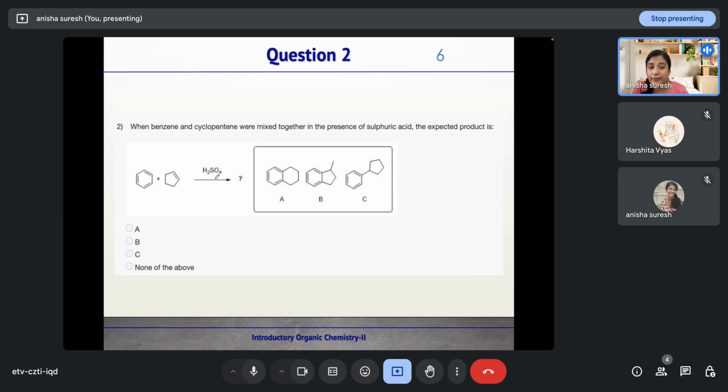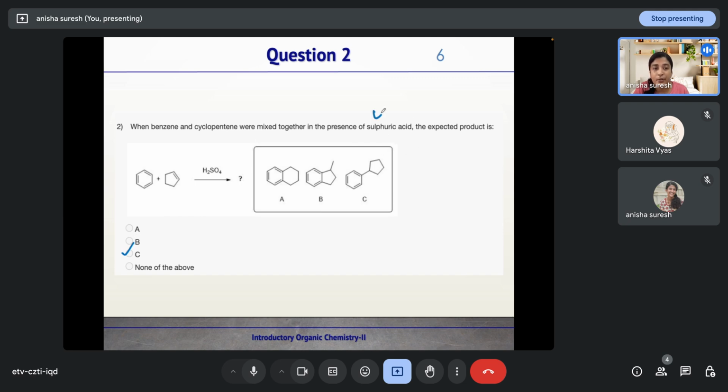In the presence of sulfuric acid, it will be giving one of the 3 products A, B or C. So what is the right answer? This is option C. Option C is the right answer.